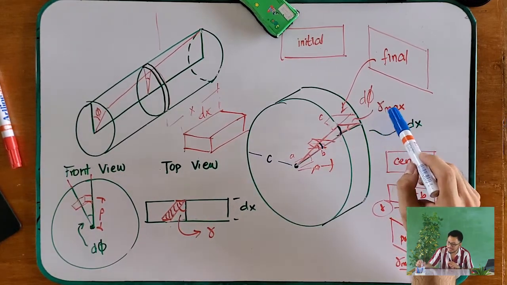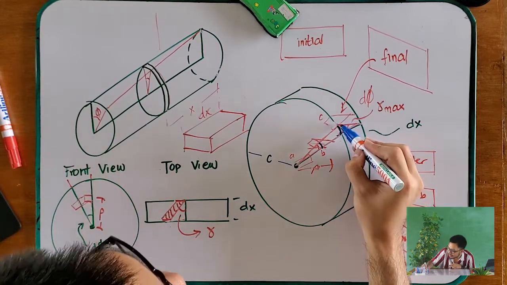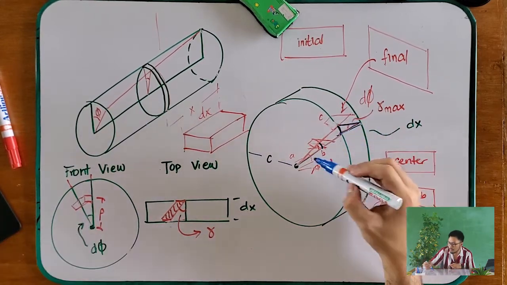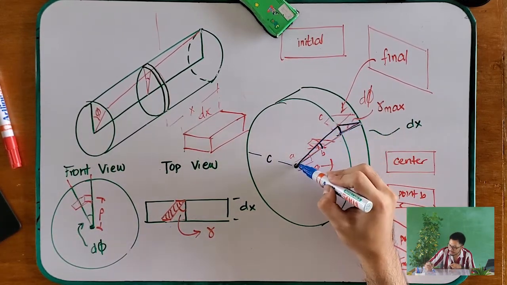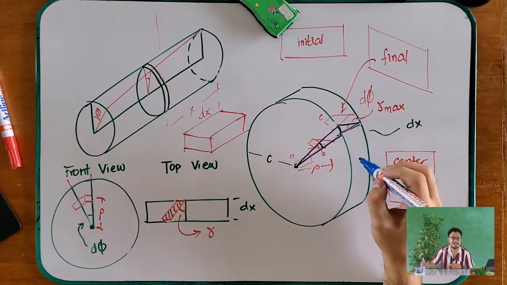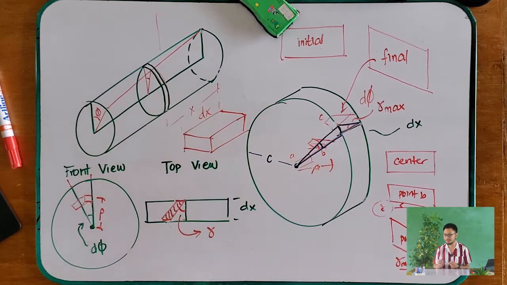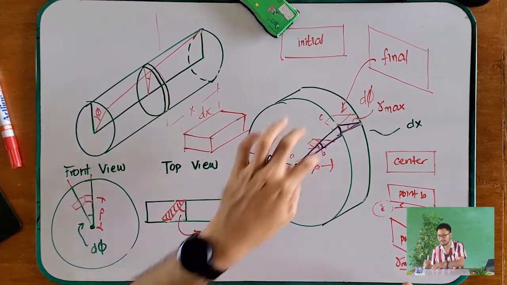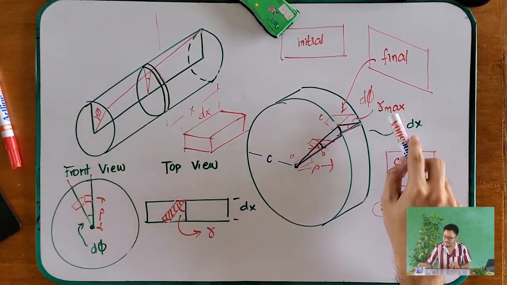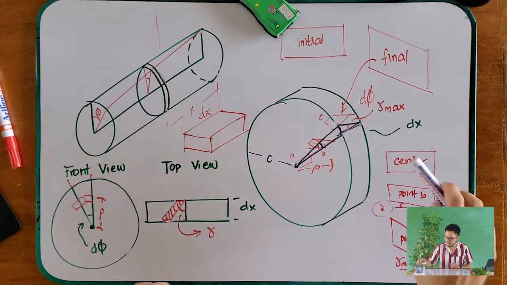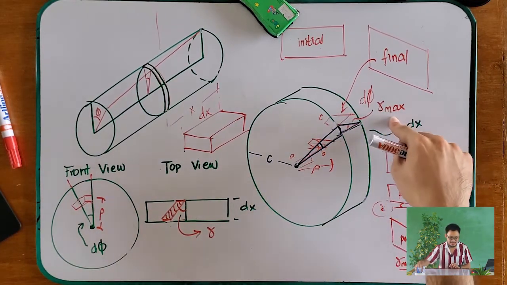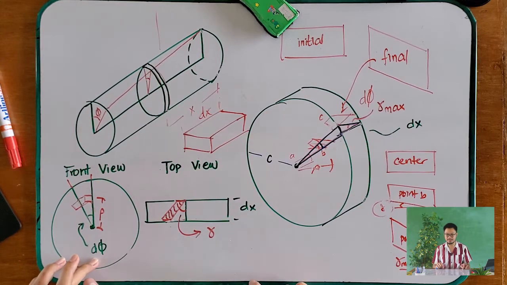Right? Your triangle and this triangle, what they have in common is this arc length. So we can use it in order for us to equate the relationship between your shear strain and your angle of twist. So how can they be related since they have equal arc length?